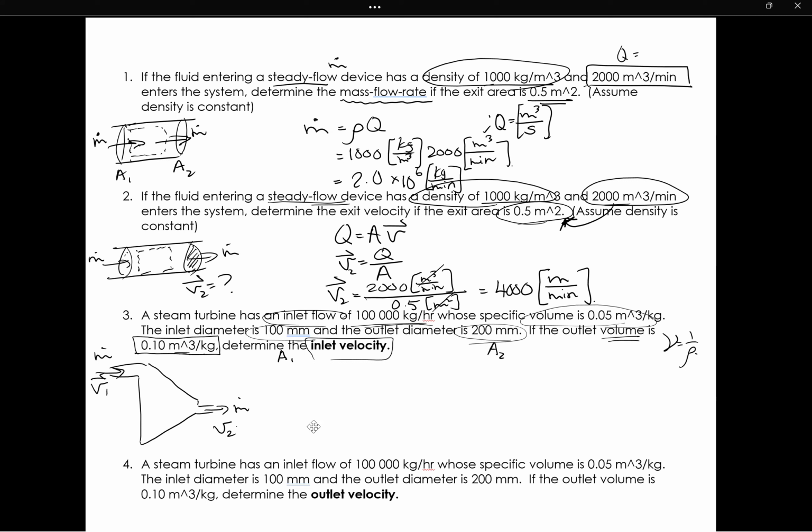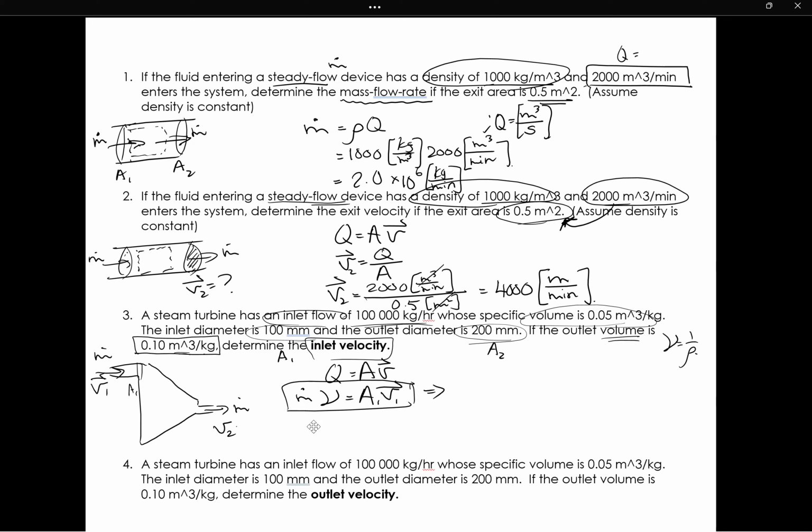And if I'm intelligent about it, I can just use my continuity equation and break up my continuity equation into mass flow rate times specific volume and realize that at the inlet area A1, this will be my relationship.